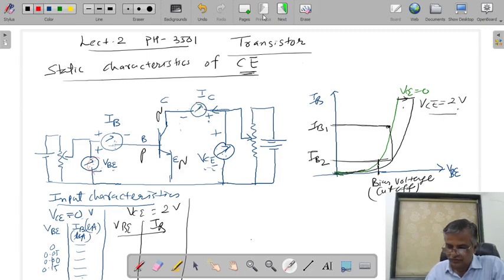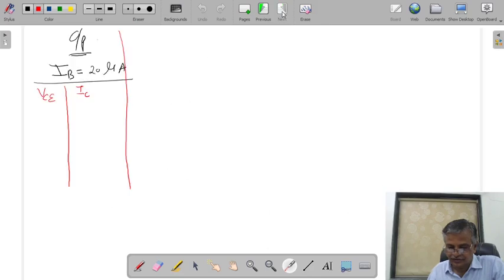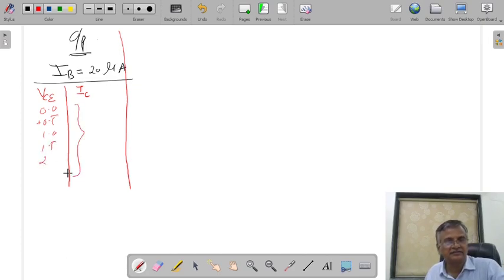You can see, you can keep this 0, then 0.5, 1 volt, 1.5, 2, and note down this value of the collector current.